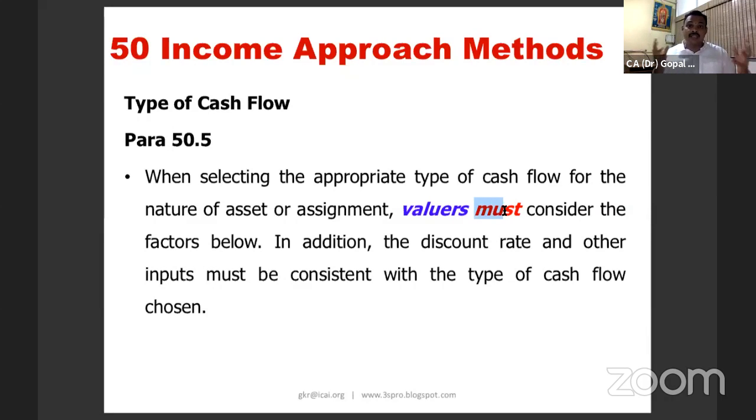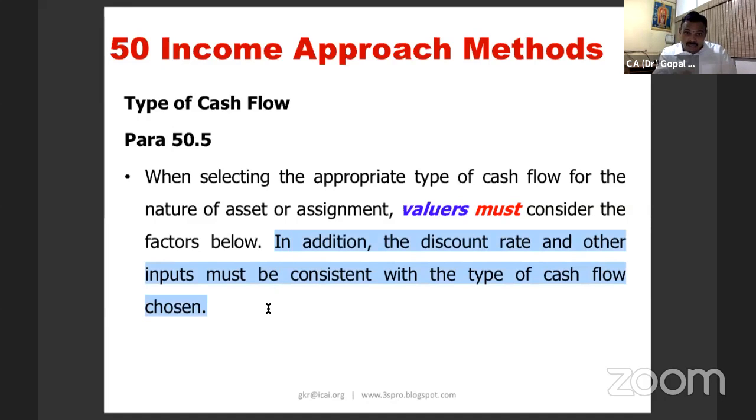In addition, the discount rate and other inputs must be consistent with the type of cash flow. For example, if you use free cash flow of the firm, you must use the overall cost of capital or weighted average cost of capital. When you use the free cash flow of the equity, you must discount with the equity cost of capital. That is why the words: in addition, the discount rate and other inputs must be consistent with the type of cash flow.